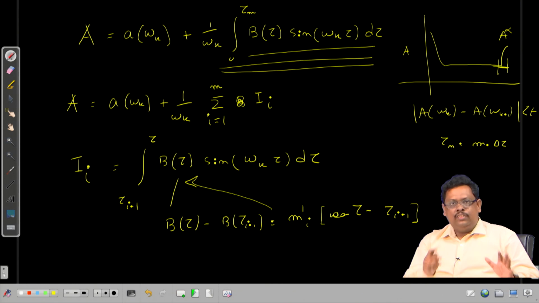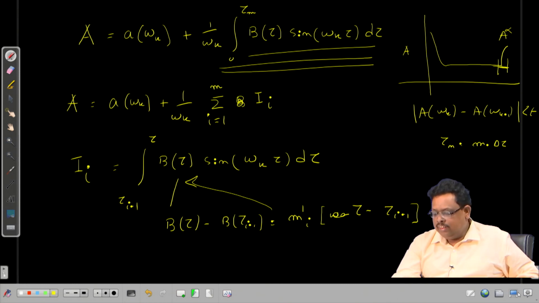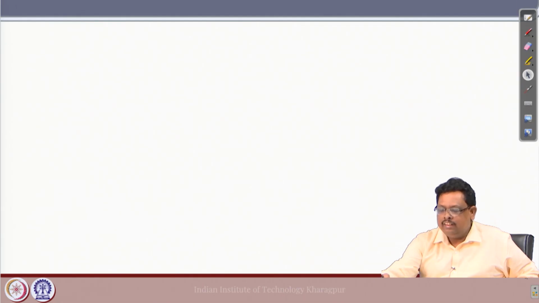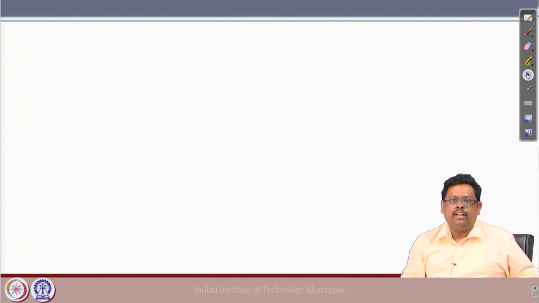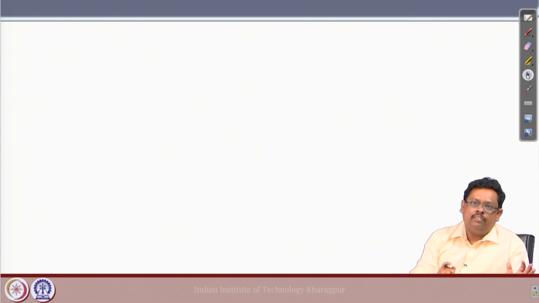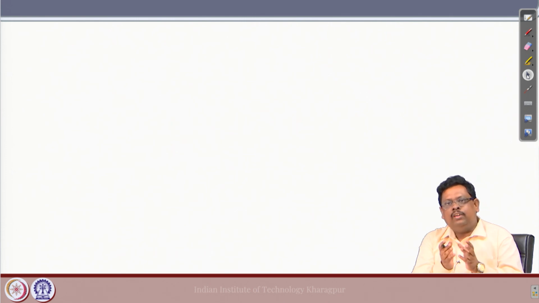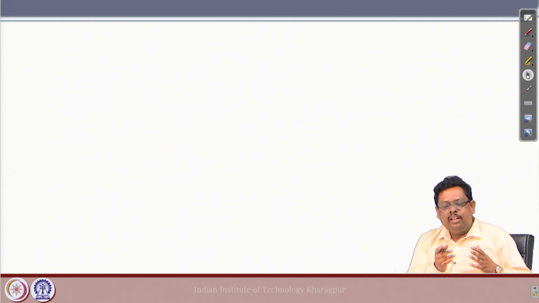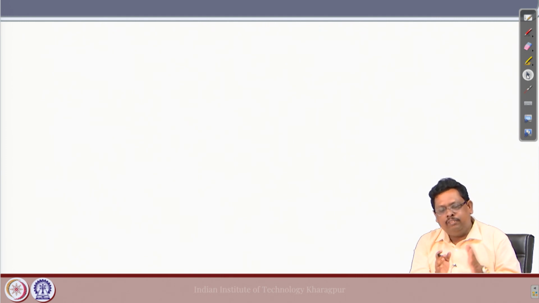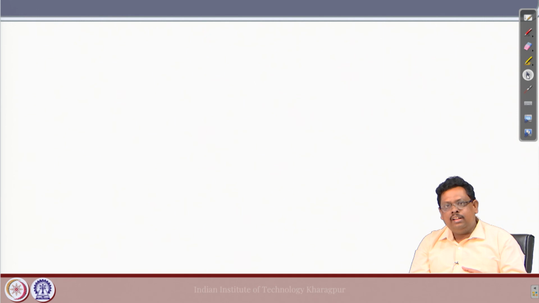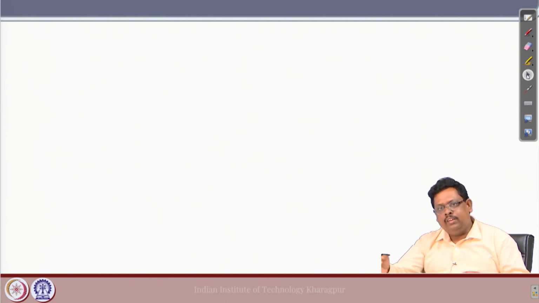So, in today's class we understood how to get the solution for b(tau) and then the solution for A infinity. I am not doing this with the infinite frequency panel method, which you can also do, but this is another way of doing it: you plot the graph, see where it converges, and that is your A infinity, right.